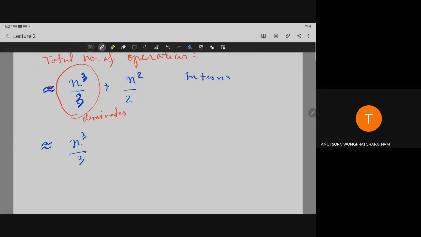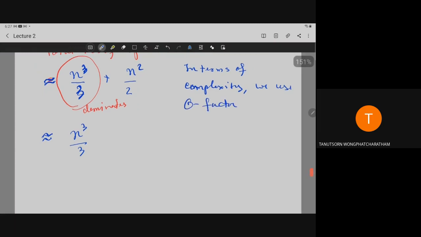And then in general, in terms of complexity, we often use what is called big O. Big O is a way to approximate the operation complexity by taking into account the largest power without the, how do you call it, without the weighting terms or coefficients.